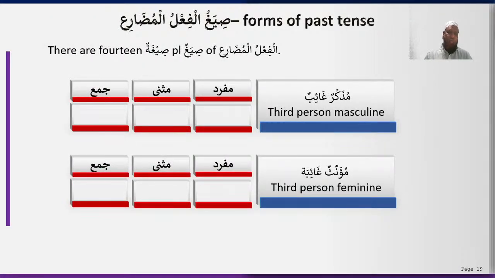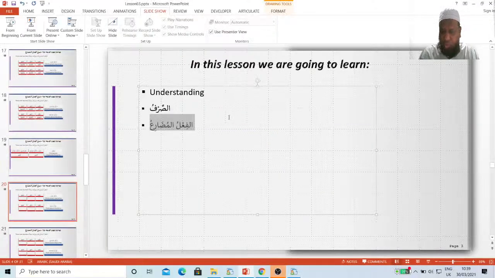Let's make these 14 sigas by ourselves. مذكر غائب مفرد مثنى جمع. For غائب we need the ya. My keyboard is not turned on.